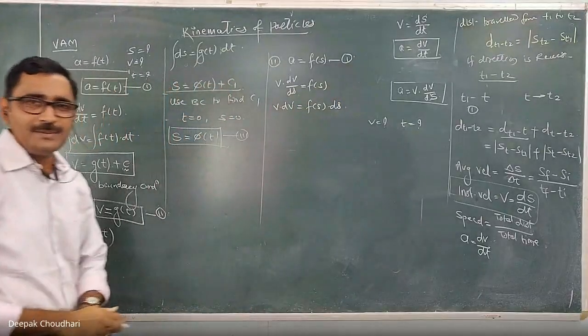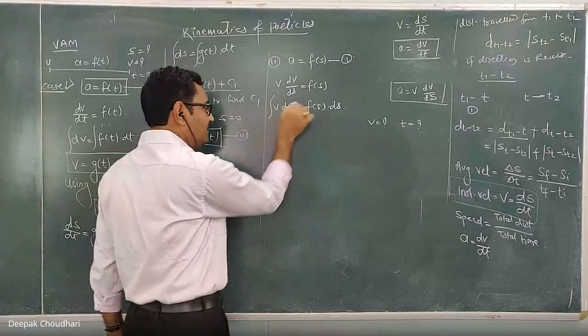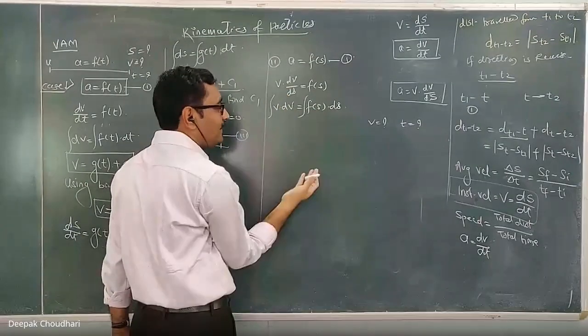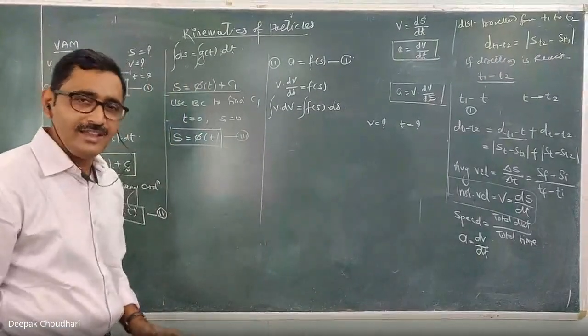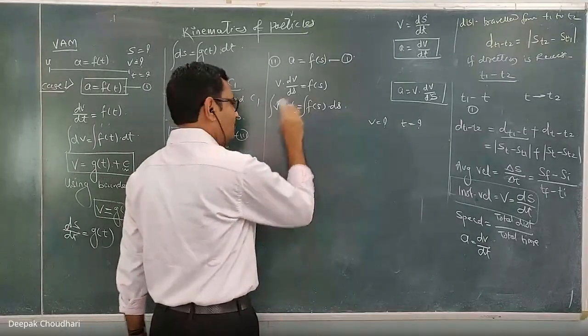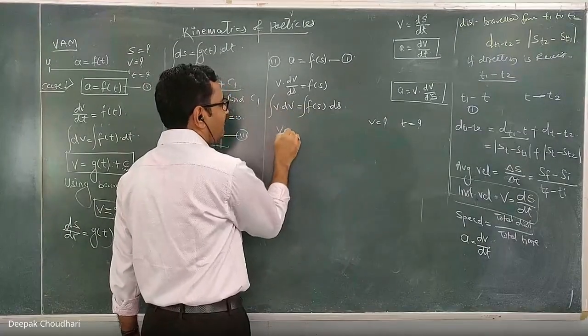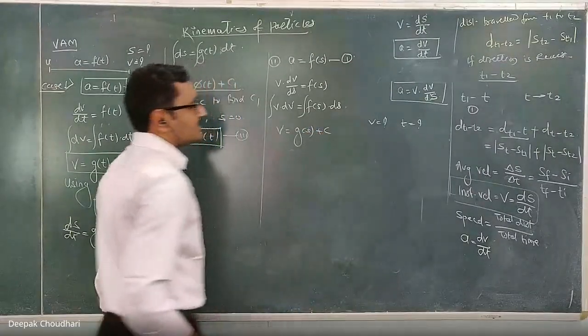I separated the variables. I took the v term on one side and the s term on the other side. Integrating both sides, and if we simplify this, you may say, sir, its integration will be v square upon 2. Clear, but I am writing it in generalized form. So if I write it in generalized form, I will get v as some other function of displacement plus a constant of integration c.